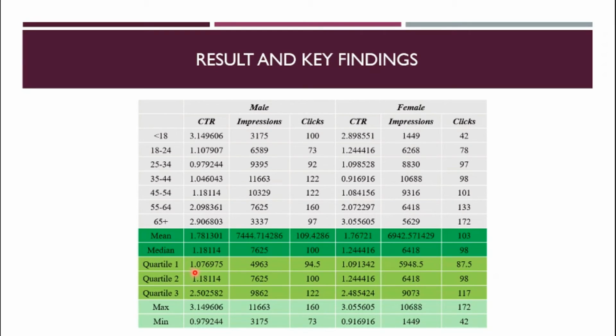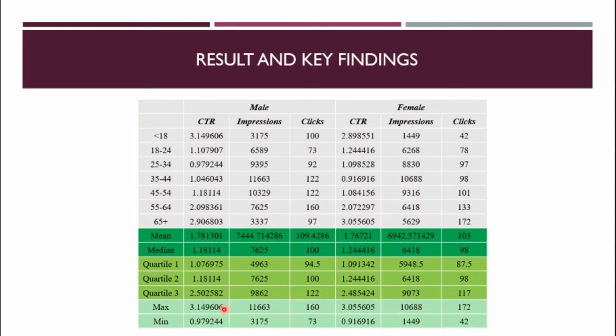If you look at the quartile range, quartile 1 is 1.076, whereas for female it's 1.09. Quartile 2 is 1.18, whereas for female 1.2. And quartile 3 is 2.5, where for female it's 2.4. So as you can see, for quartile 1 and 2, females are quite higher compared to males, except for quartile 3, where male outnumber female.